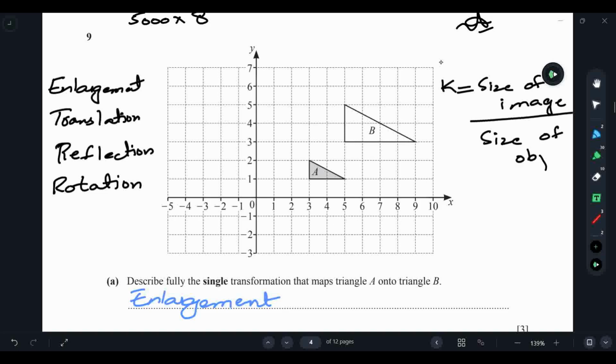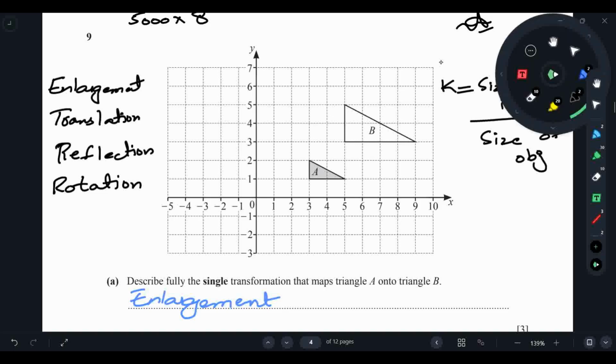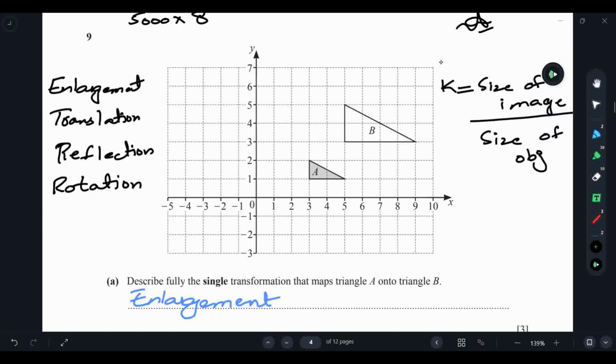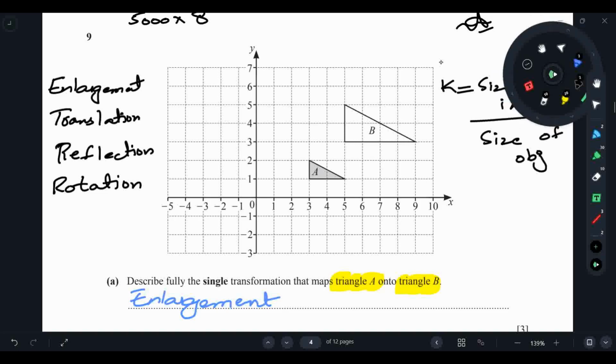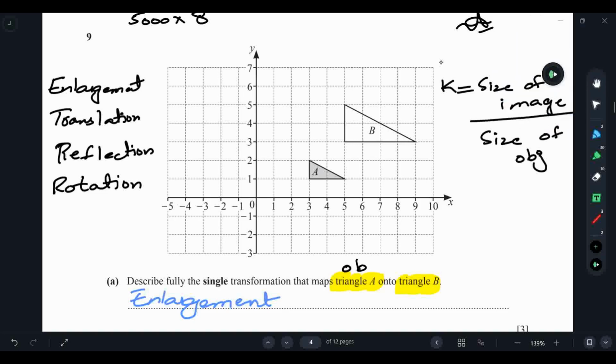First of all, we need to identify which one is the image and which one is the object. They said describe fully the single transformation that maps triangle A onto triangle B. It means that A is the object and B is the image.